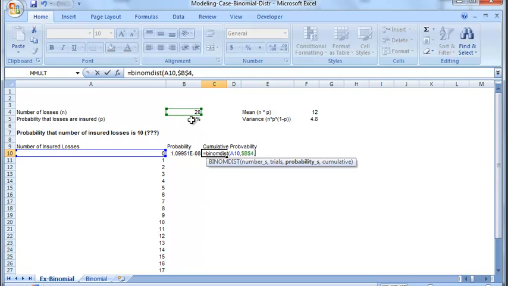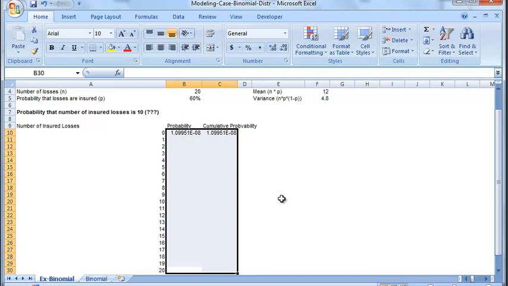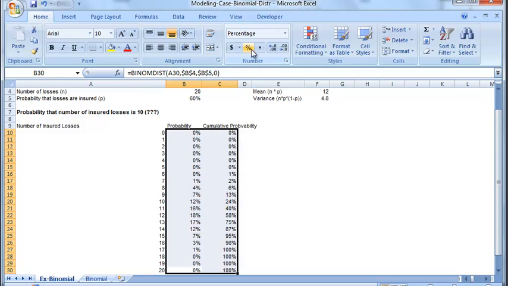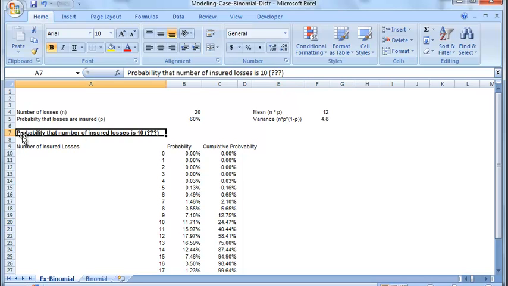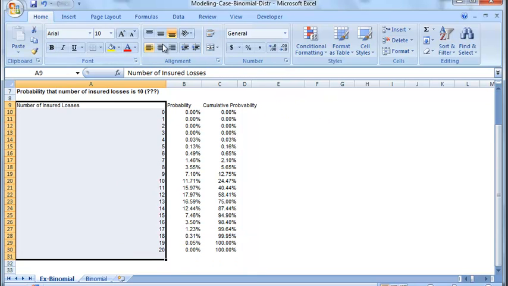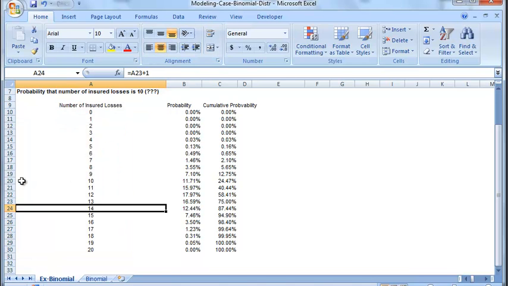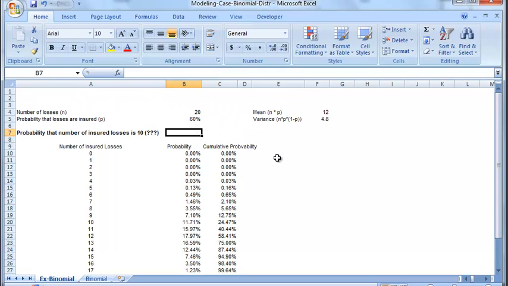We need to freeze the trials and probability, and then set cumulative to true. So the probability that the number of insured losses is 10, what will that be? Let's find it for 10. So the probability that the number of insured losses is 10 is 11.71%. So let's copy it. So this is our answer.